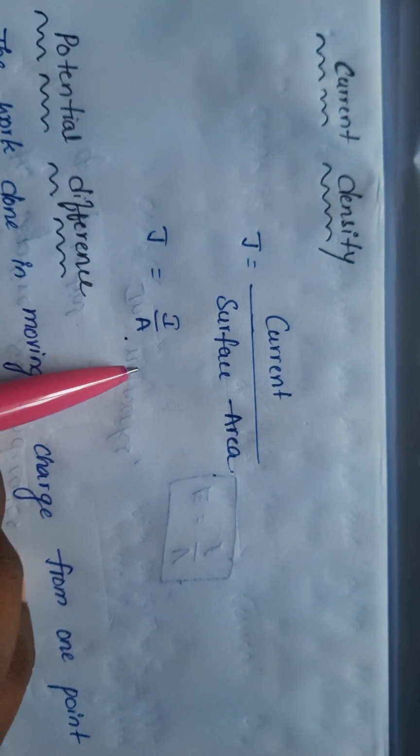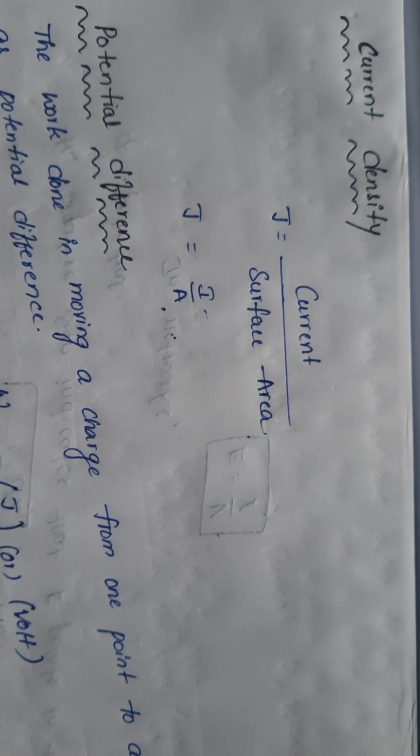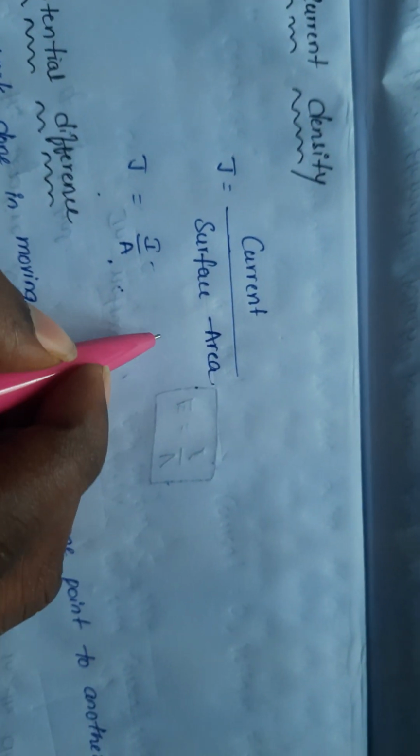J equal to I by A. I means current, A means surface area. The unit of current density is ampere per meter square.